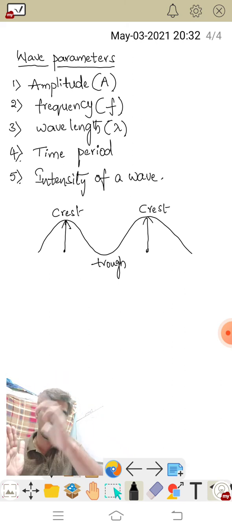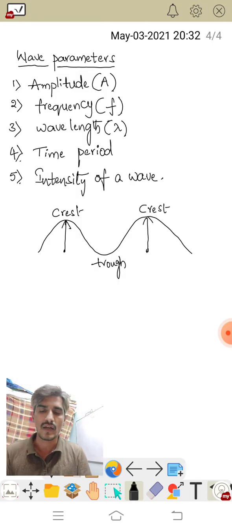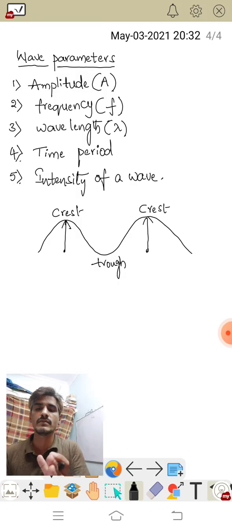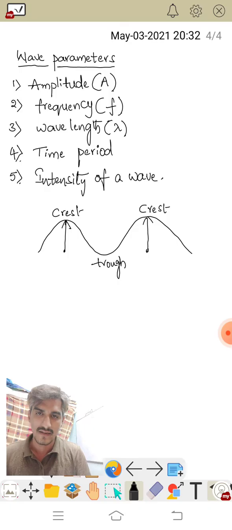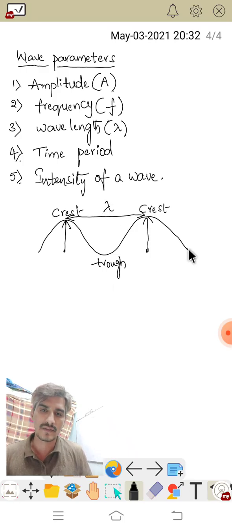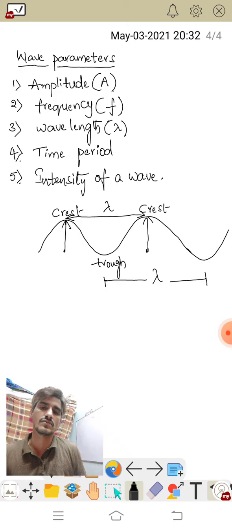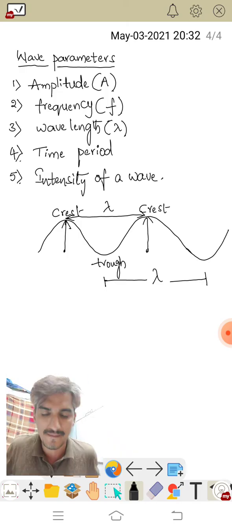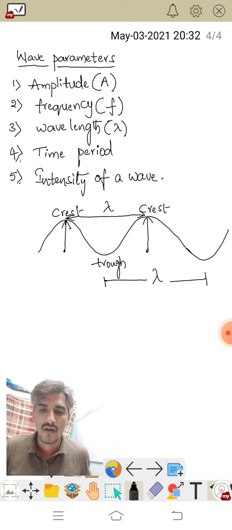Or simply, the distance between two consecutive crests is called wavelength. Or if this is the next trough, then the distance between two consecutive troughs is also called wavelength. Length of one wave, simply.